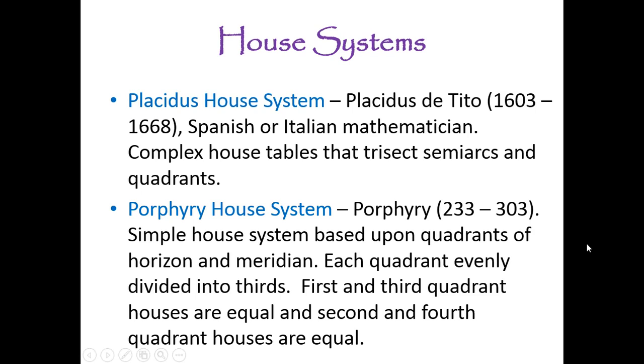And so Porphyry will just use that horizon and meridian, that's the ascendant, descendant, midheaven, nadir, and then it takes those 4 points, those quadrants, and evenly divides the houses into thirds. If you want to cast a chart by hand mathematically, Porphyry is going to be one of the simplest ways to do it after equal houses. It means that the first and third quadrant houses are equal and the second and fourth are equal. So again, simple to understand.